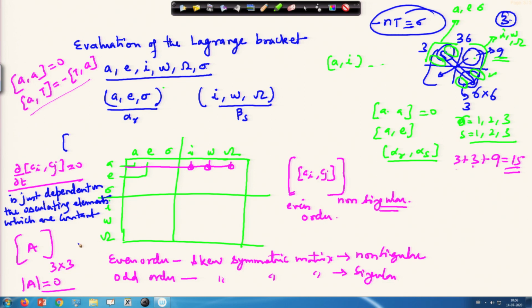So, if we use this property, that the Lagrange bracket is independent of time, therefore we can utilize it to evaluate the Lagrange bracket.